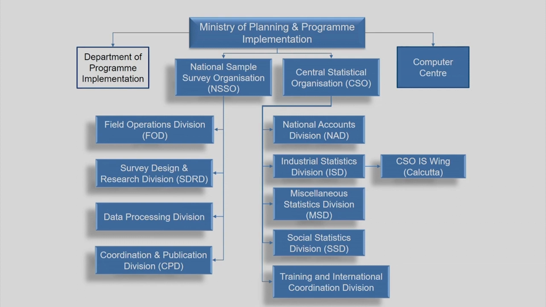Similarly, CSO has a national accounts division, industrial statistics division, miscellaneous statistics division, social statistics division, and training and international coordination division. The industrial statistics division also has a wing which is called the CSO-IS, the Central Statistical Organization Industrial Statistics wing, located in Calcutta.